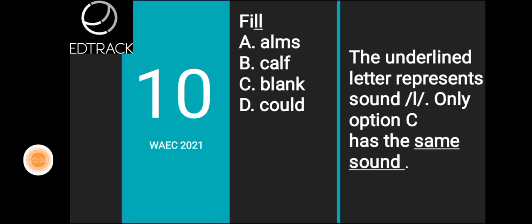Option A is pronounced as arms. Option B, calf. Option C, blank. And option D, could. Again, arms.